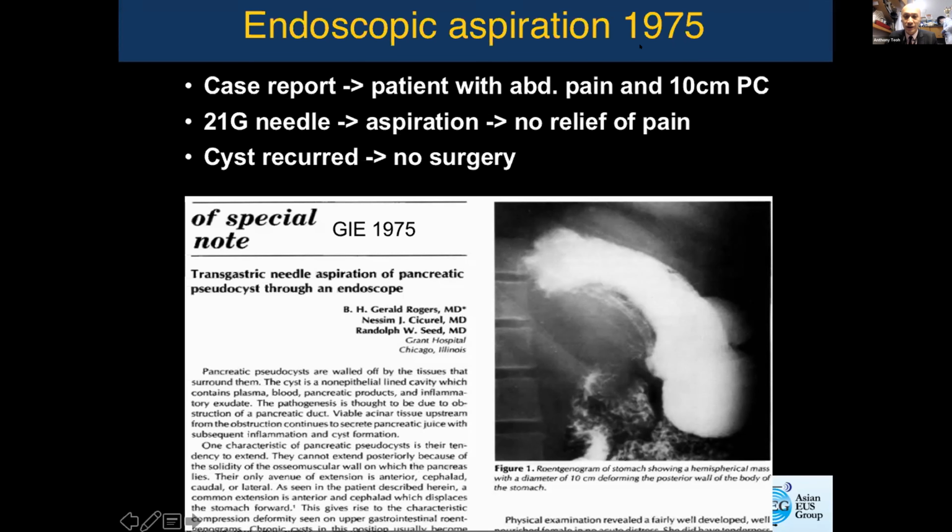The endoscopist saw a bulge in the stomach, put a needle through the stomach into the bulge and tried to aspirate all the fluid out. We know now that this technique is not useful for treatment: the patient has not much pain relief, and the cysts recur very quickly. But it marks the very first attempt at endoscopic treatment of pancreatic fluid collections.